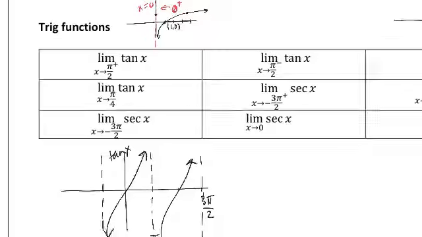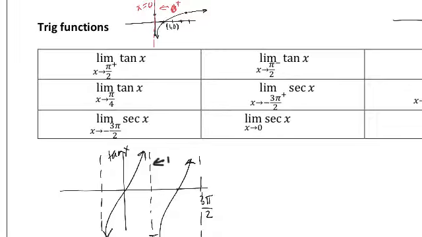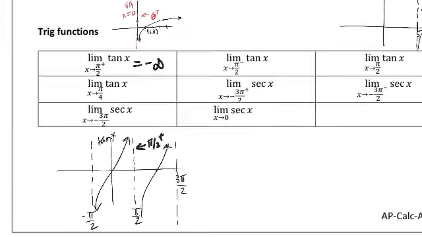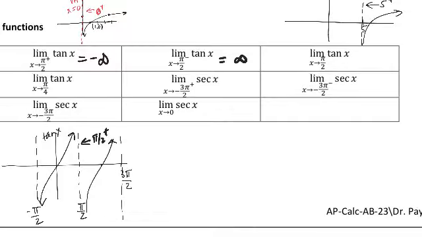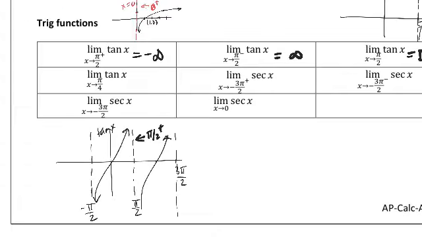If you're approaching pi over 2 from the right side, your y value is going to negative infinity. If you're approaching pi over 2 from the left side, it's going to positive infinity. Overall, we'd have to say that it's a DNE. Even though there is a vertical asymptote, we can only express it as a DNE.